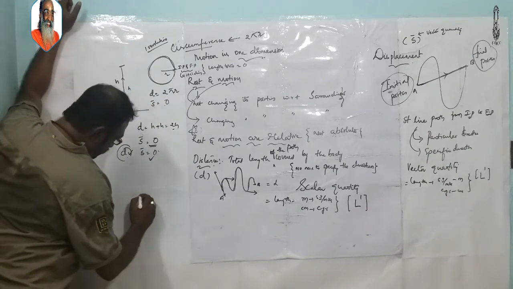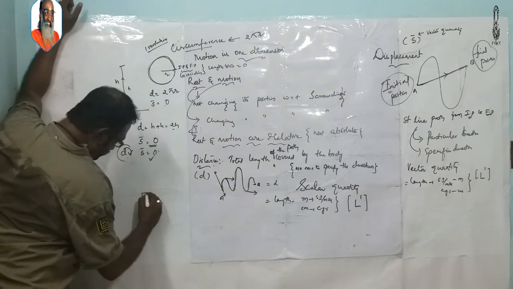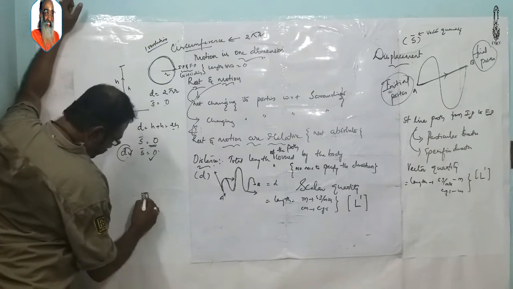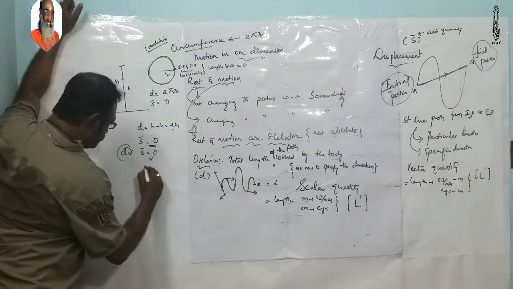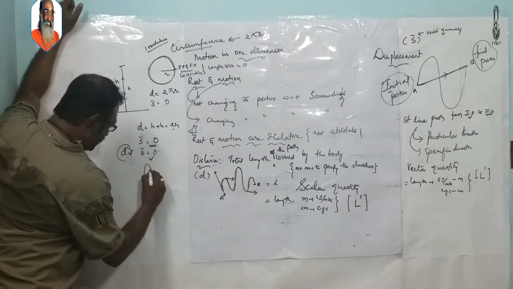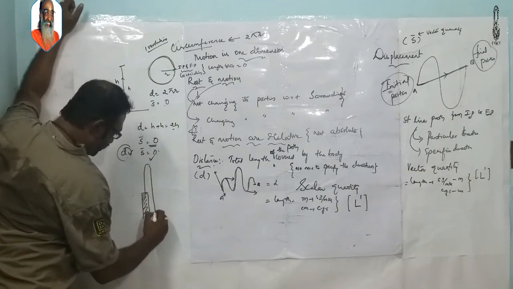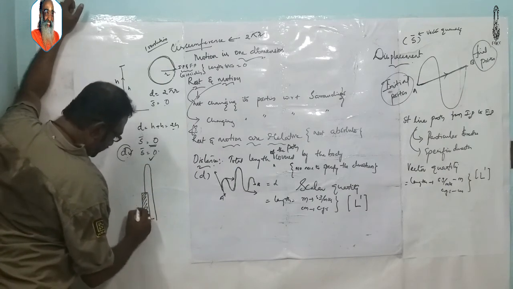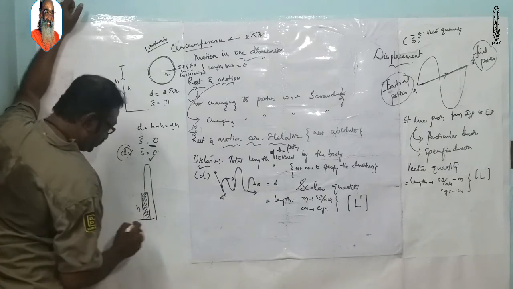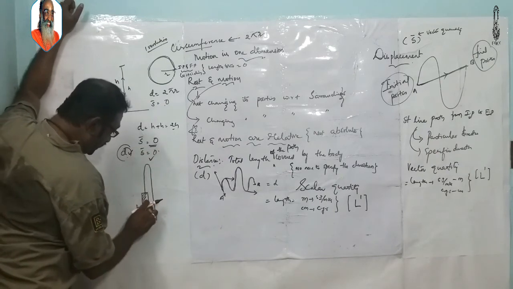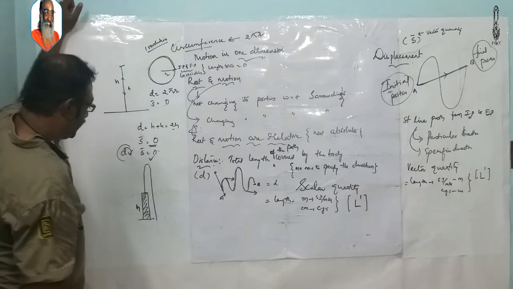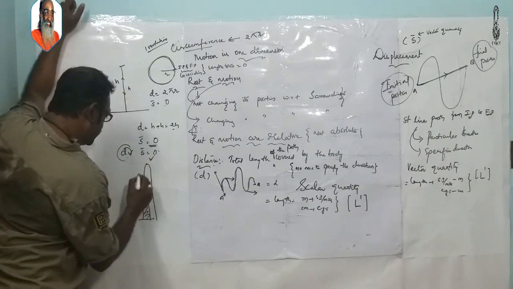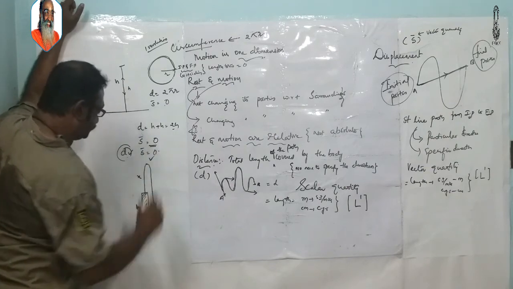Suppose a tower is there and from here you are throwing a stone. It reaches a certain height and falls down. Let us take the height of the tower as h, and let us say the stone has reached the height x.